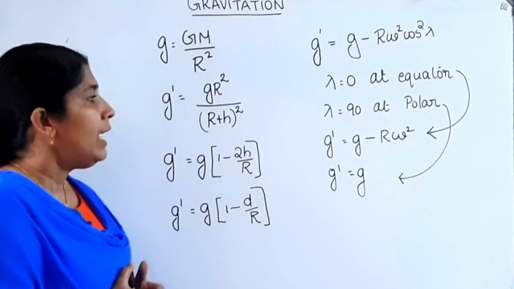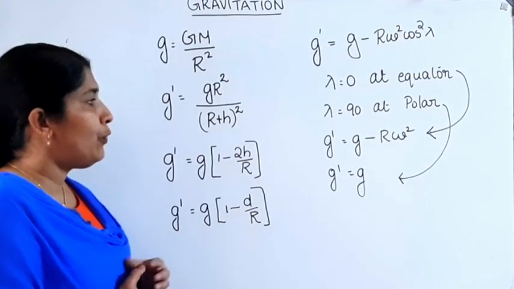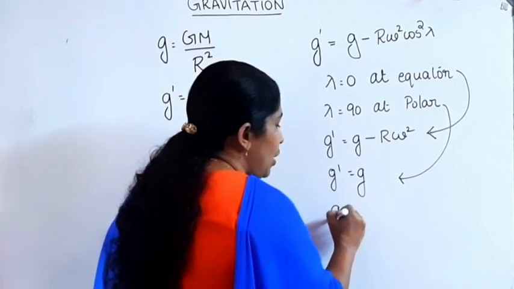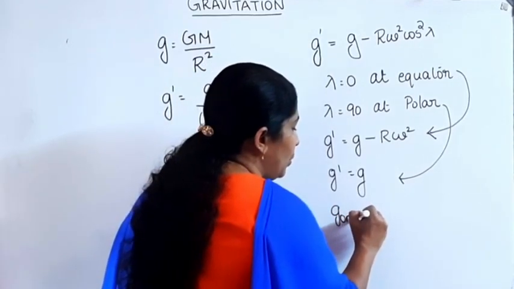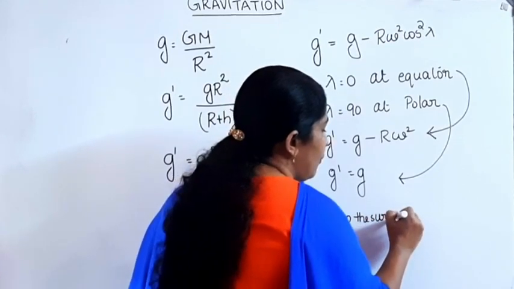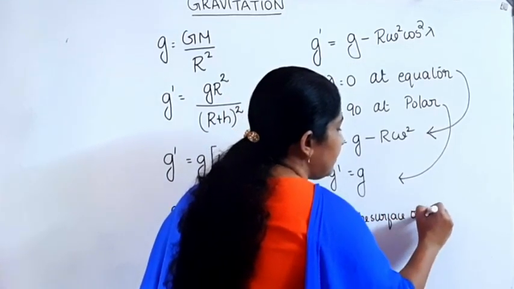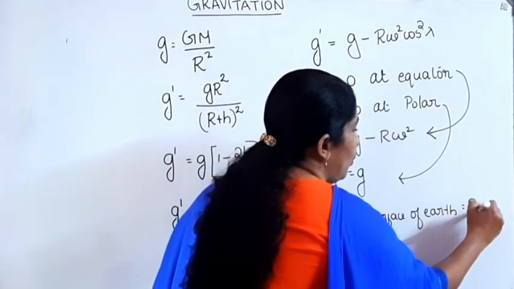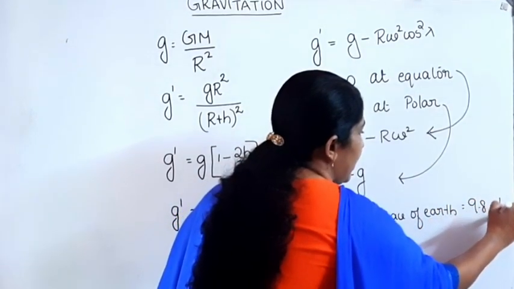Then what about the value of acceleration due to gravity on the surface of the earth? g on the surface of the earth is equal to 9.8 meter per second square.